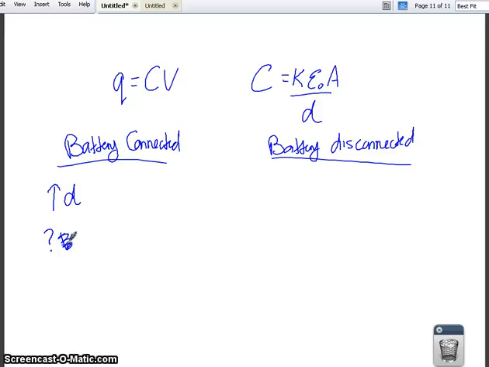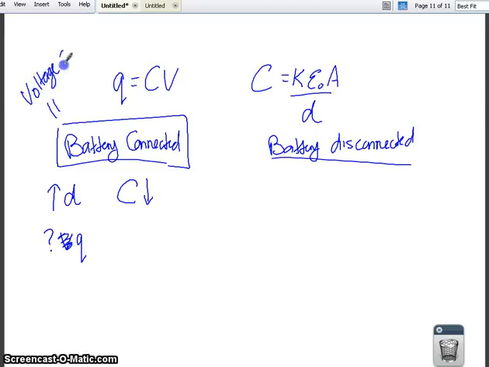What's going to happen to the charge on the plates? So let's take a look at this. If I increase the distance here, we can tell these are inversely related, so the capacitance will go down. Now, because the battery is connected, that tells us the voltage is constant.